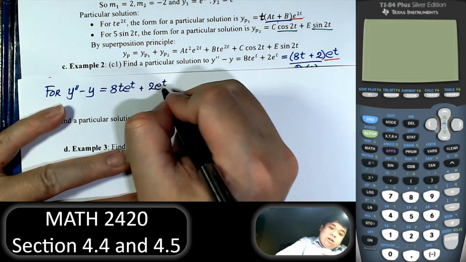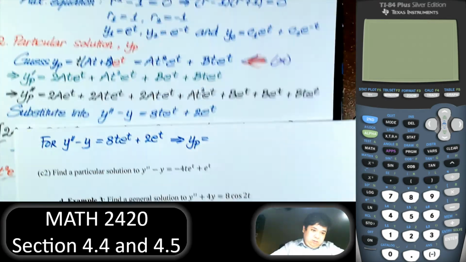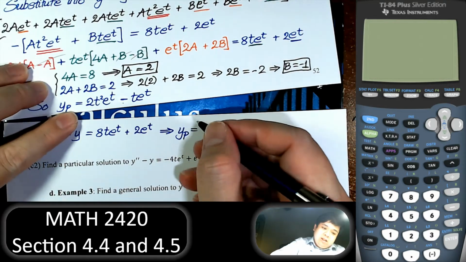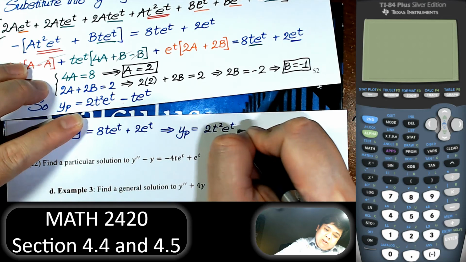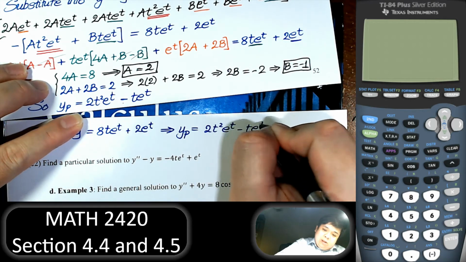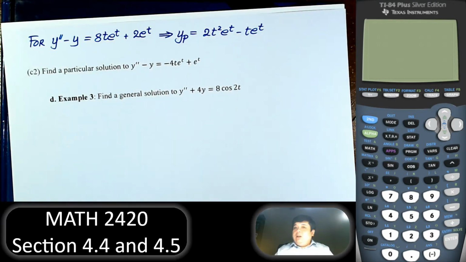For that equation, we have the particular solution is that. Right, so that's what we have from the previous part of the problem.